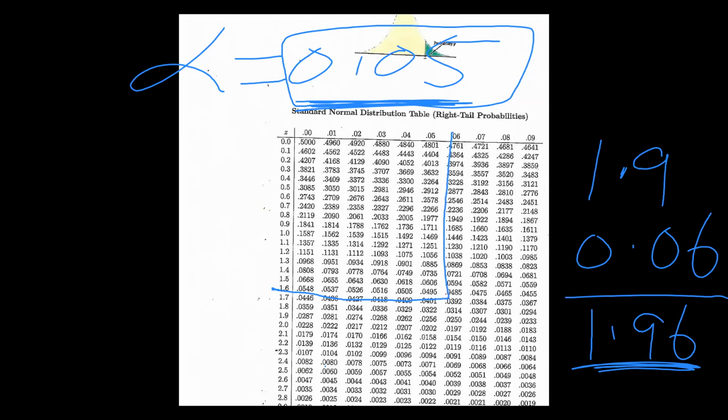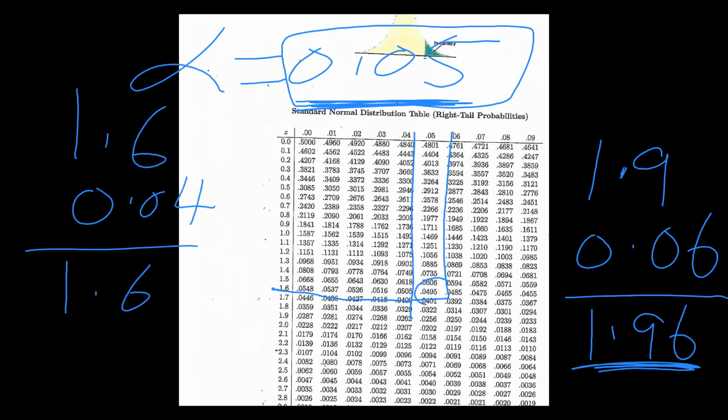Oh, sorry, this one 0.4. Okay, so it will give us 1.6 plus 0.04. That should give us 1.64 as the critical value. This is the Z critical. Did you get that?